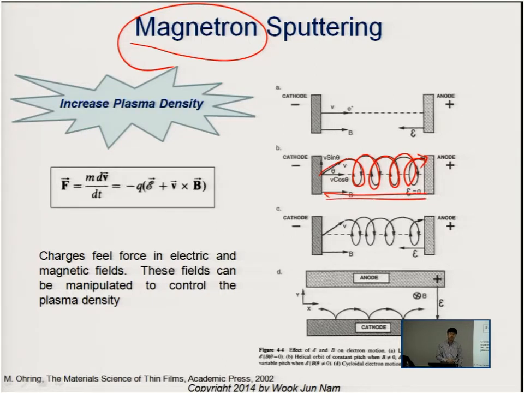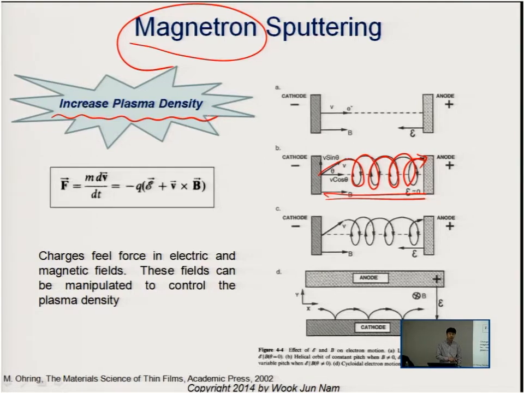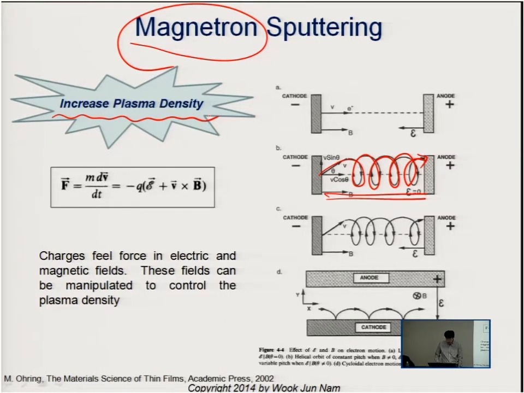Increasing the travel distance increases the possibility of collisions between the electrons and the neutrals. It simply increases the plasma density, so more ions and radicals are available in the plasma. Those additional ions will eventually contribute to producing more target molecule generation.